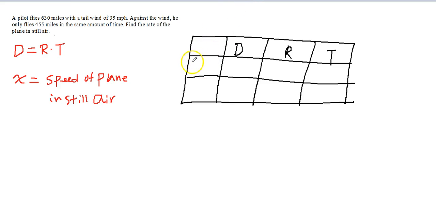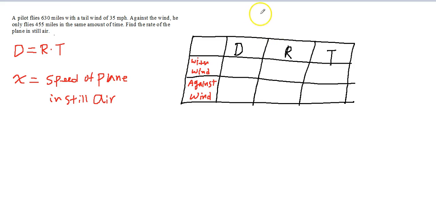The first row is going to be with the wind, and the second row is going to be against the wind.